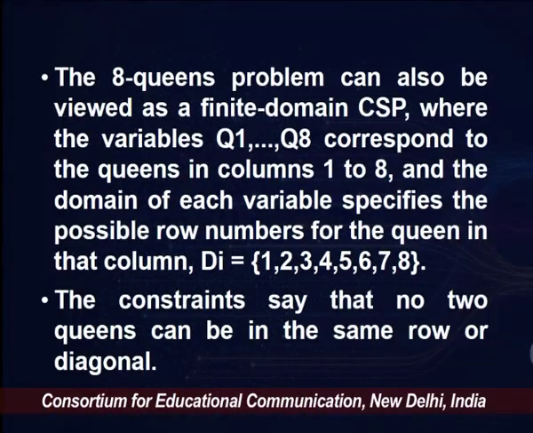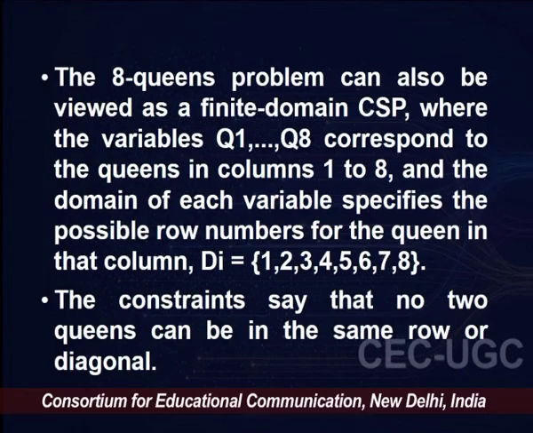In this sequence, we also need to look into the 8 queens problem, which can also be viewed as a finite domain constraint satisfaction problem, where the variables q1 to q8 correspond to the queens in columns 1 to 8, and the domain of each of these variables specifies a possible position, in the form of row numbers, for the queen in that particular column.